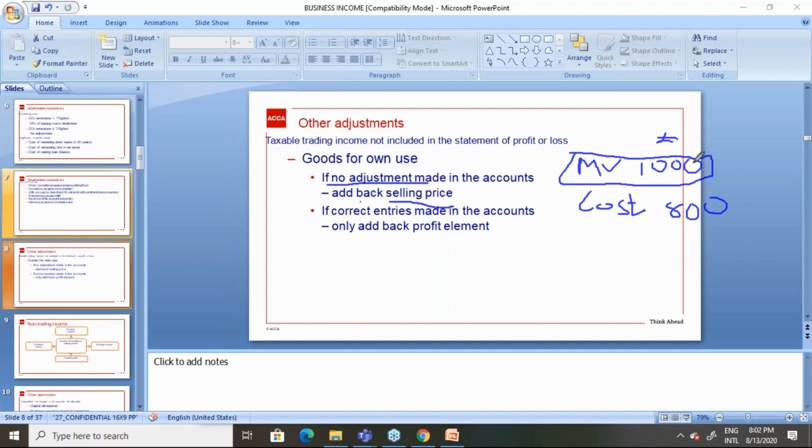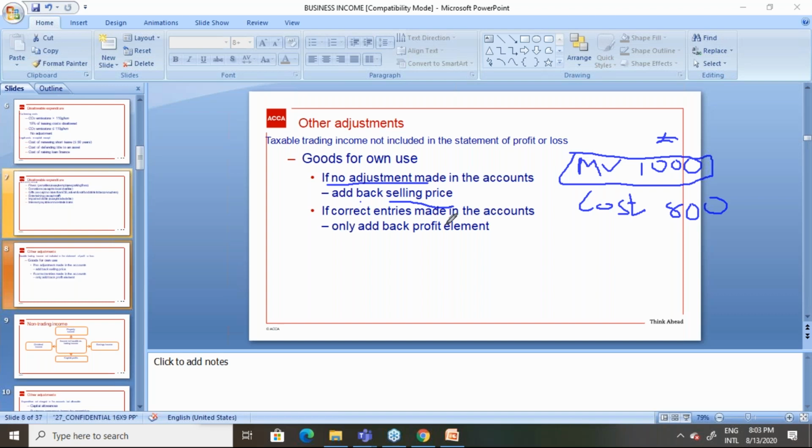But there can be situations where you have recorded this transaction in accounting as goods drawings. Now, when you account for goods drawings, what's the double entry that we use? Drawings account debit, purchases account credit.